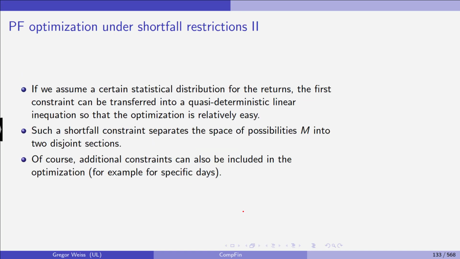If we now assume a certain statistical distribution for the returns, like we've done before, for example, a normal distribution for the returns, the first constraint can be transferred into a quasi-deterministic linear inequation so that the optimization is relatively easy. Such a shortfall constraint separates now the space of possibilities M into 2 disjoint sections.